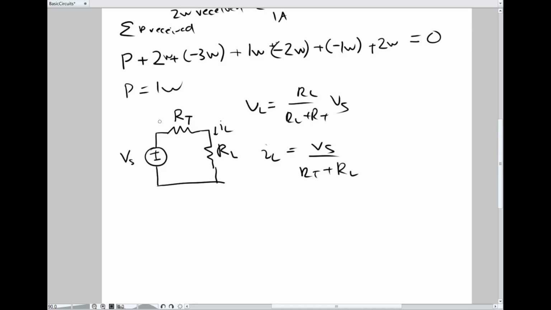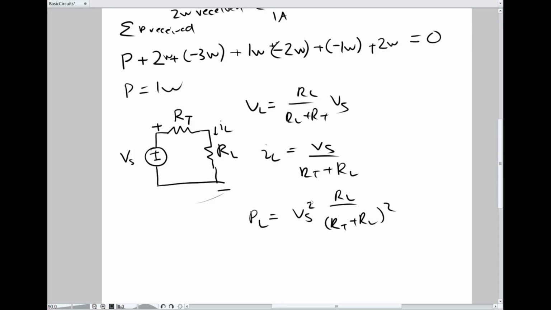Remember that VS is across both of these resistances. So I need to divide by both of these resistances, right? Copy the voltage around to get the current going through. And then the power is voltage times current. So power in the load is VS squared, right, times R load over RT plus R load squared.